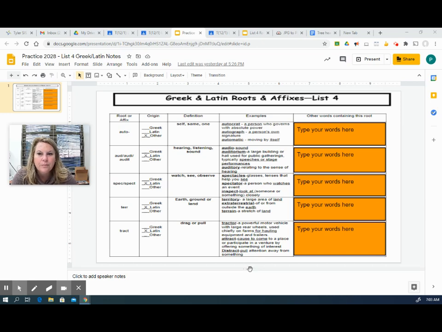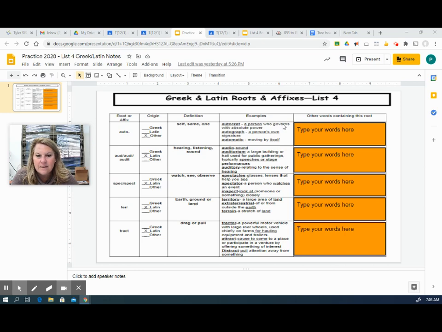And you guys probably remember doing this before, either when we were in a virtual learning model or here in class in person. So to get started, we're going to take a look at the root or affix. The first one we have is AUTO, and it's not Greek or Latin, and it means self, same, or one.